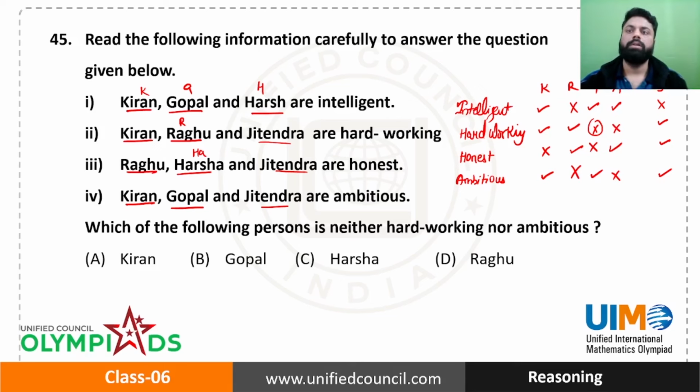Now, Harsh and Harsha, like this guy is neither hardworking nor ambitious. So Harsha or Harsh is the correct answer. We can say Harsha, we can say Harsh. So C option is the correct answer, and this is how we can solve the question.